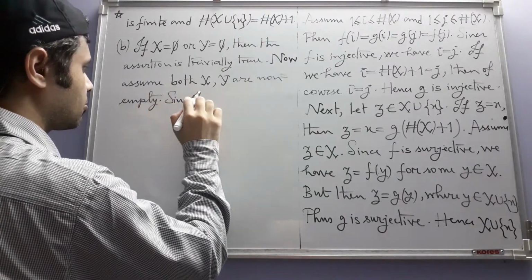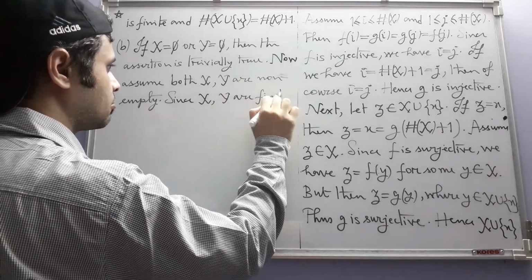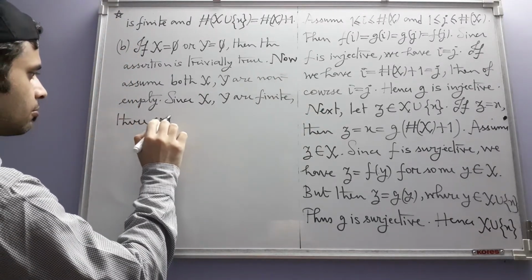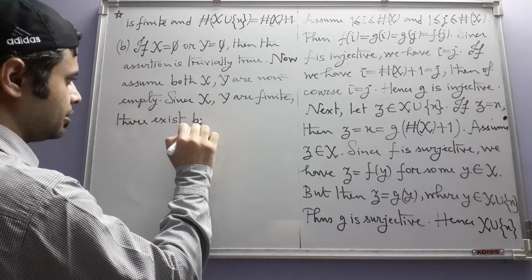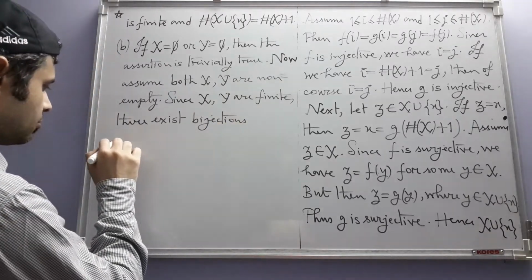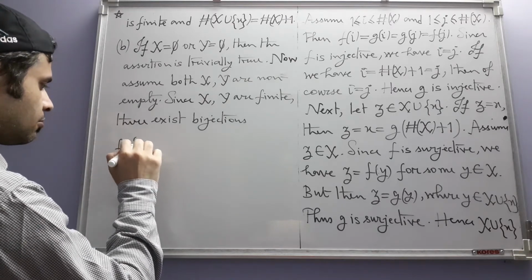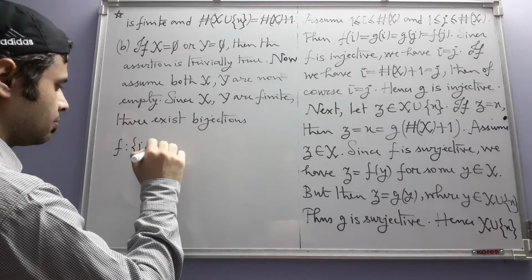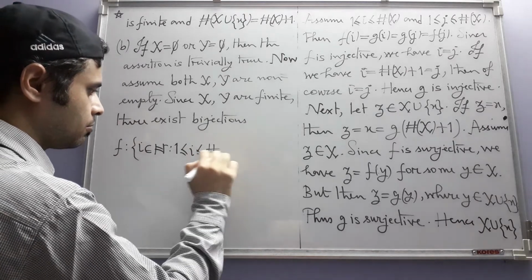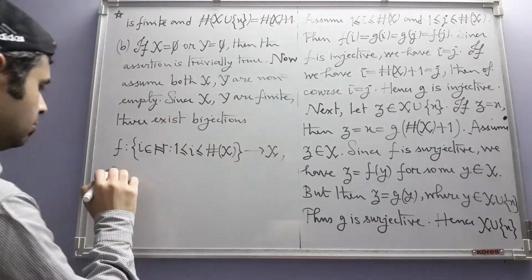Since x and y are finite, there exist bijections, let's write here f from this set, just like the previous part.